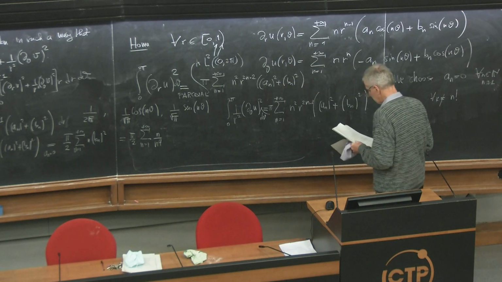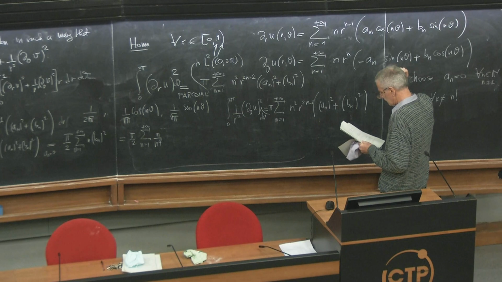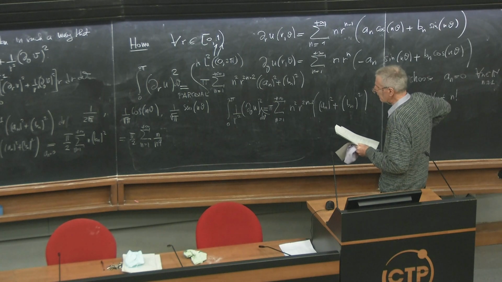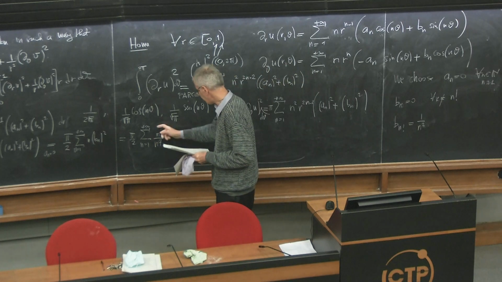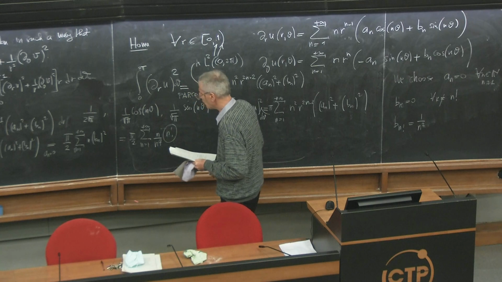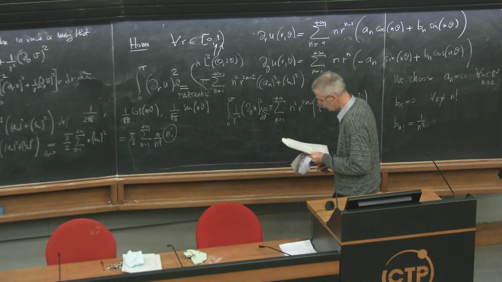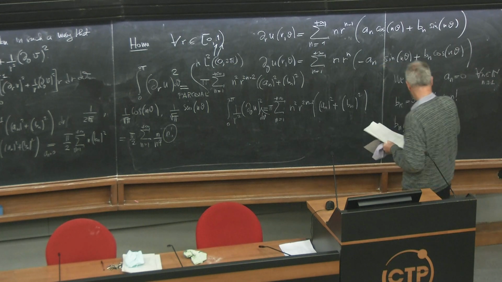There is something I am missing here. Of course this is converging, but there should be some n factorial here in front, which at this moment I have missed. Can you see where I have missed this n factorial?